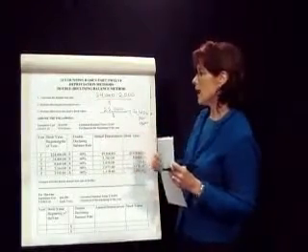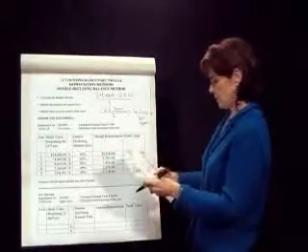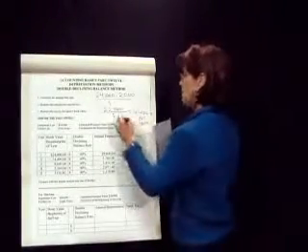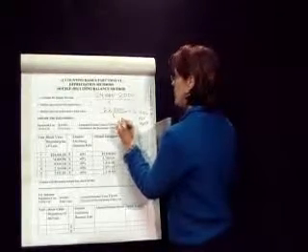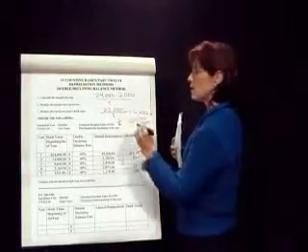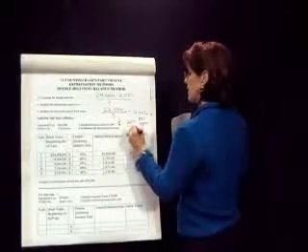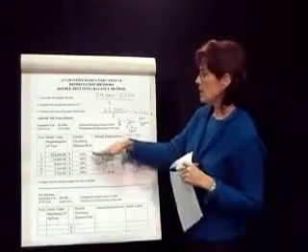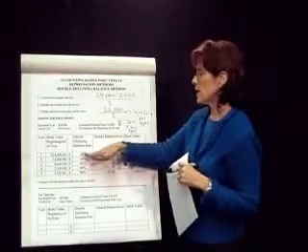So to calculate the rate, we would take 1 over 5. And 1 over 5 gives us 20%. Then we multiply it by 2, which will give us 40%.